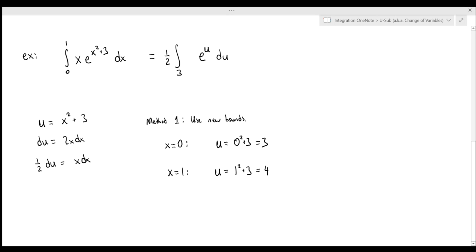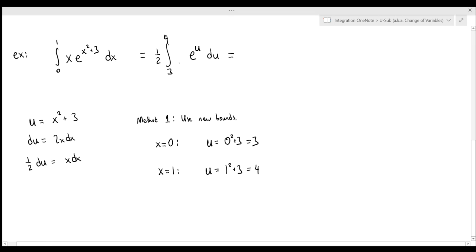And that will give us the new upper bound in terms of u. Okay, so let me go ahead and finish working through this problem, and then I'll also talk about how you could have done this another way without solving for the new bounds.